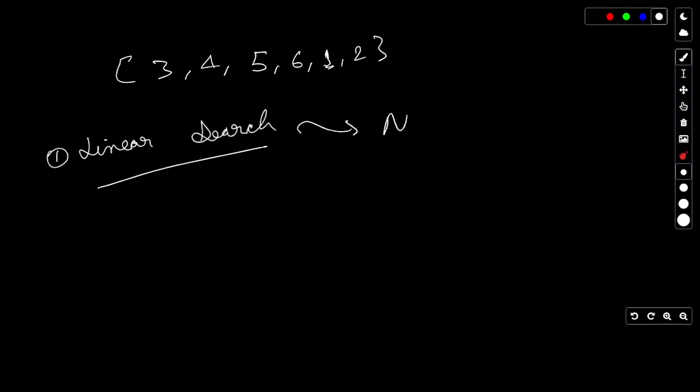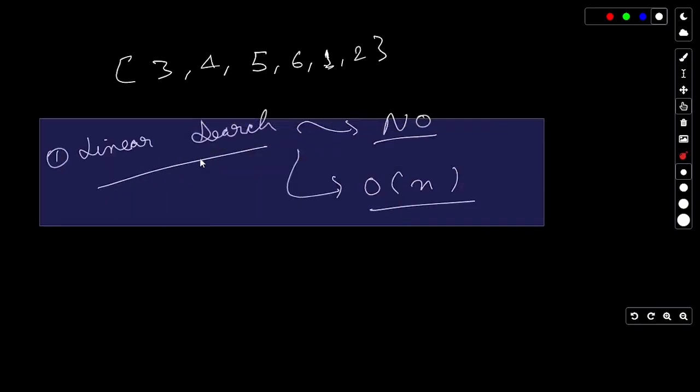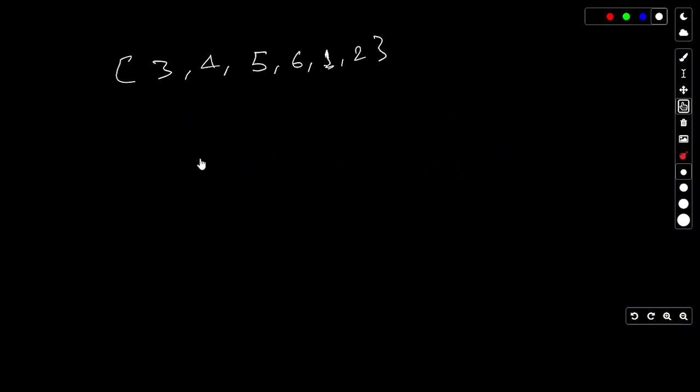Clearly no, because if we iterate throughout the array, it would take us big O of n time complexity, which isn't asked within the question. The question tells us to solve this problem within big O of log n period of time.